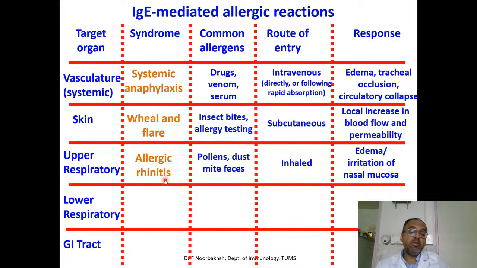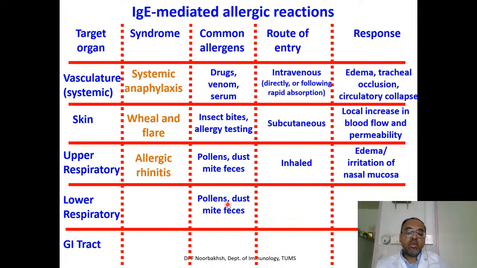And we have something named allergic rhinitis. So the person will get a runny nose, a lot of secretions, maybe some itching, and the symptoms are limited to what we call the upper respiratory system. So this is another common manifestation of type 1 hypersensitivity, but it's basically only annoying, so it's not usually posing any risk to the patient's life.